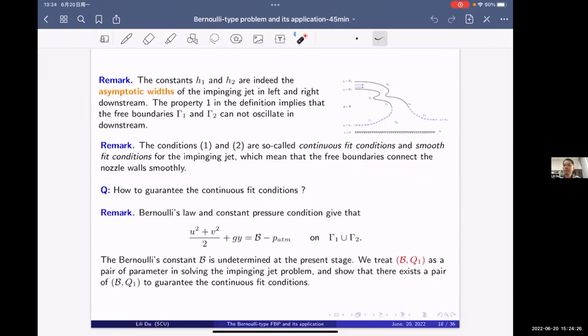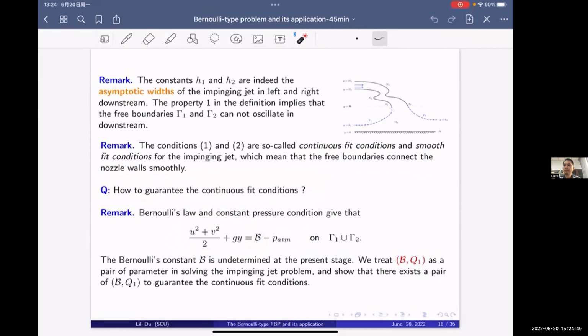But the question is how to guarantee the continuous fit condition mathematically. According to the Bernoulli law, we can find that the Bernoulli constant is an undetermined constant at the present stage.